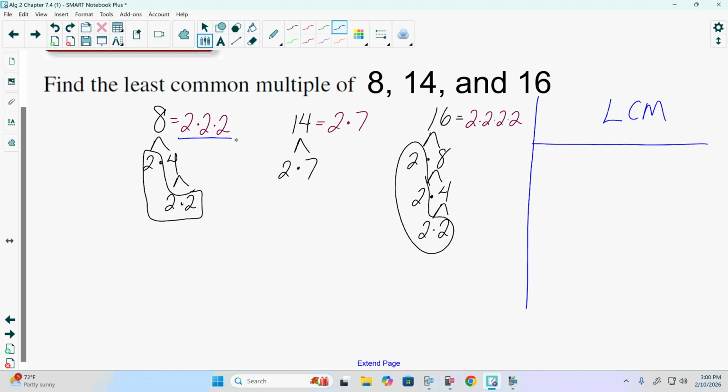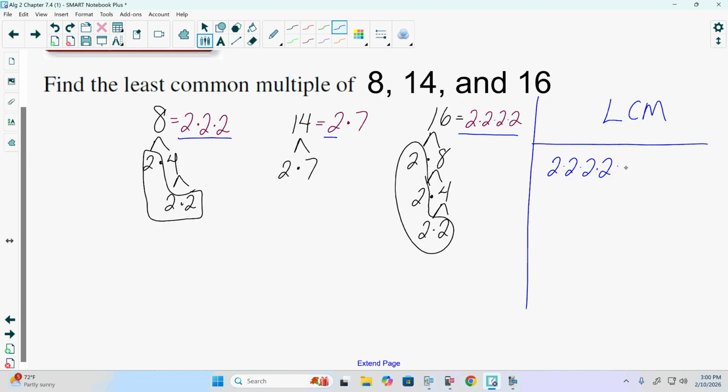So 8 has how many 2's? 3, yes? 14 has how many 2's? 1. And 16 has how many? So which one has the most 2's? 16 has 4, it has the most, yes? So how many 2's would we take for the least common multiple? 4. We take the number of 2's equal to whichever one has the most. Now 8 has 3 of them, that's fine, but because 16 has 4, we need 4 of them in the least common multiple. Questions on that there?